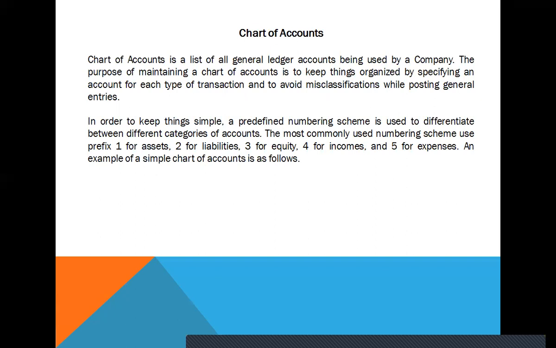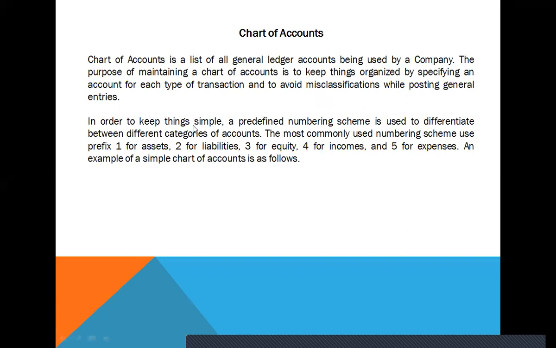So the chart of accounts is a list of all general ledger accounts being used by a company. The purpose of maintaining a chart of accounts is to keep things organized by specifying an account for each type of transaction and to avoid misclassifications while posting general entries.